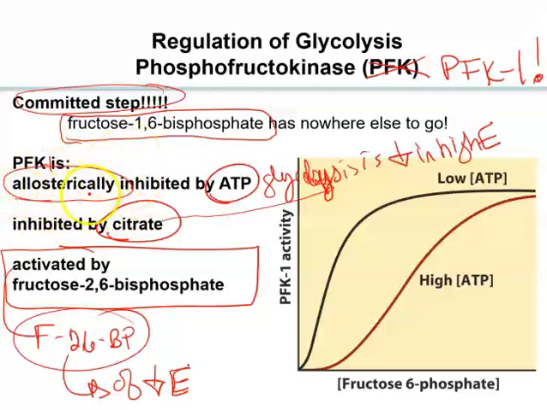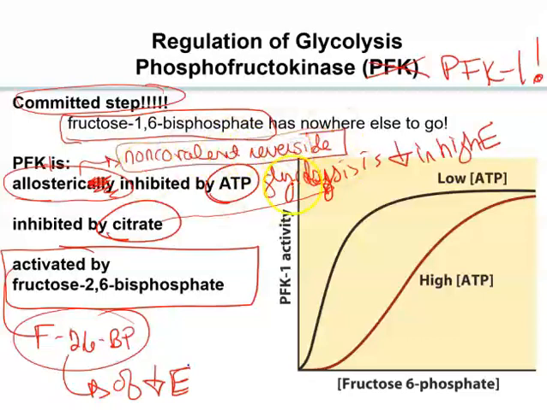Allosteric regulation, right? So allosteric regulation involves the non-covalent reversible modification of an enzyme by a small molecule. And this causes a shape change in the enzyme to increase the affinity of the enzyme for binding substrate.